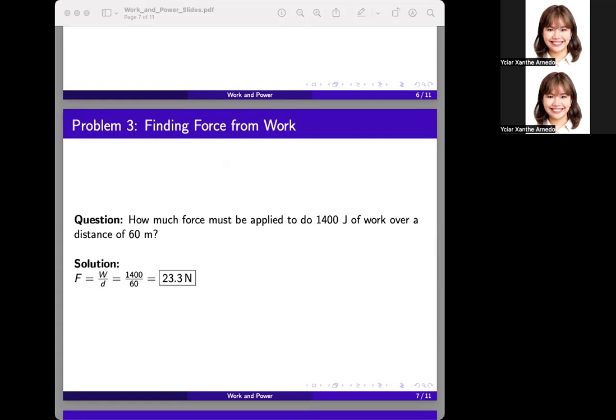Let's try drawing a diagram here. Let's say this is the baseball player, and he's holding a bat right here. Let's say this is the ball.